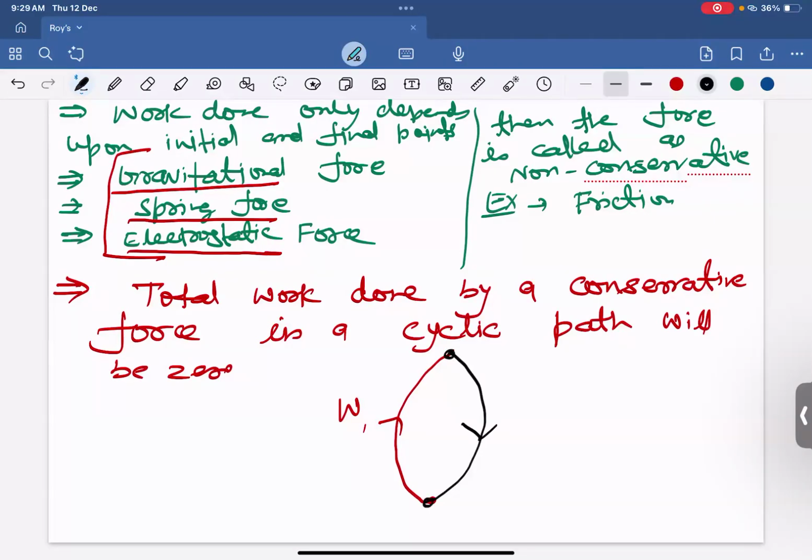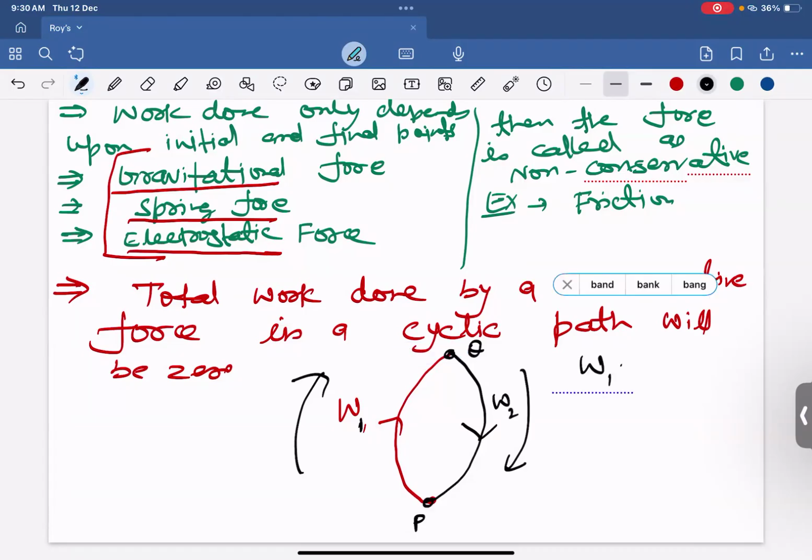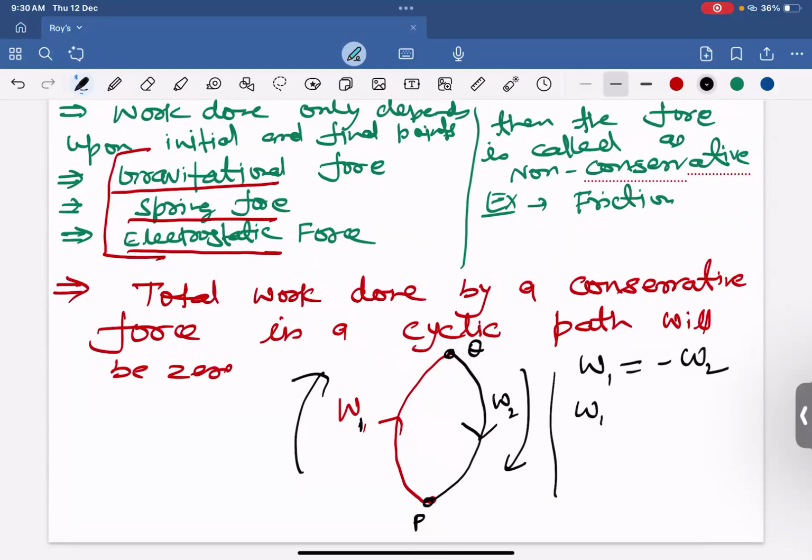It depends upon the initial point P and final point Q. If you go by this path or come back by this path, the points are the same, only the path is different. So both will have the same work done, but the direction is opposite, so it will be negative work done. If this work done is W2, then W1 is equal to negative of W2. So the sum of both work done is zero. That is a very, very important concept.